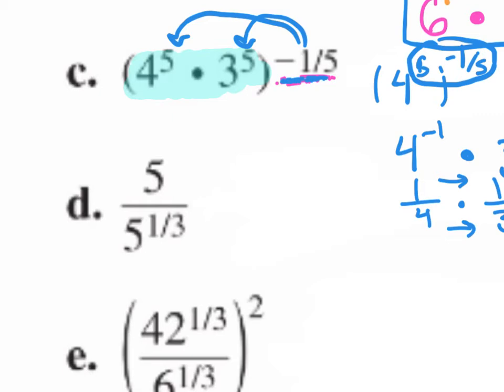So now we have two numbers with the same base that we're dividing. So how can we combine them? How can we combine their exponents? Perfect. We combine them by subtracting their exponents.